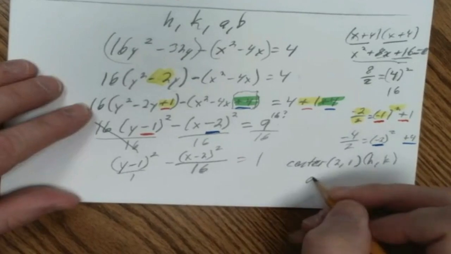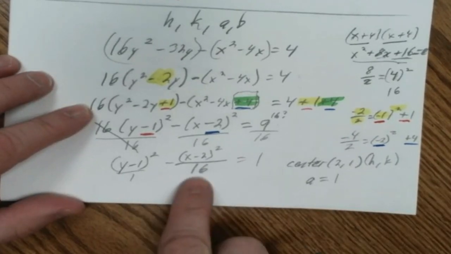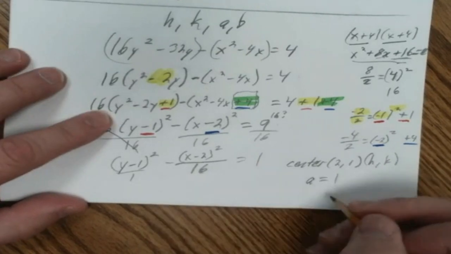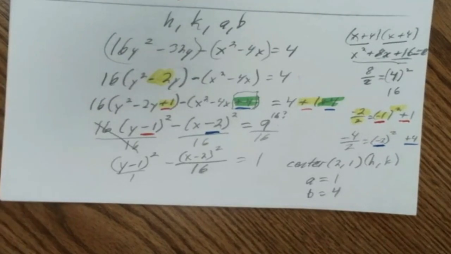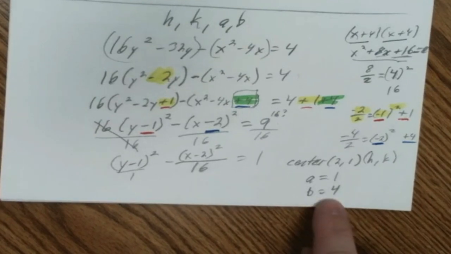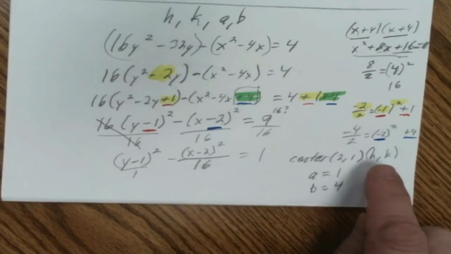So that means our a is equal to 1, and our b squared is 16, so b is equal to 4. We know it's not negative 4. The square root of 16 is 4 or negative 4, but we're talking about a distance, and we would not have a negative distance. So there's our a and our b and our h and our k.